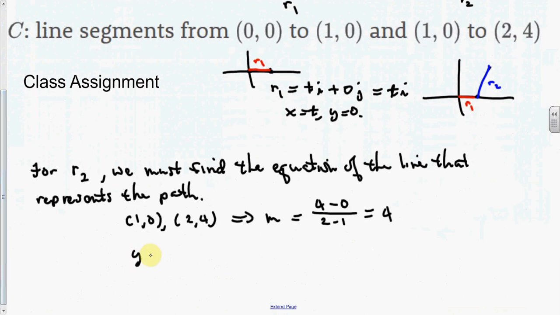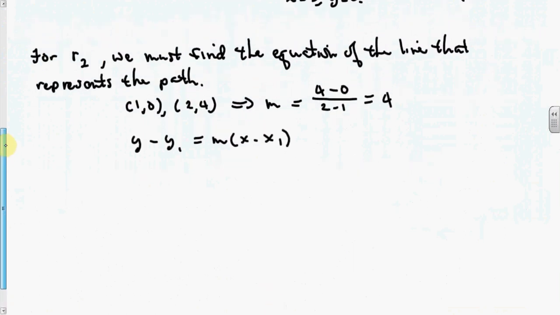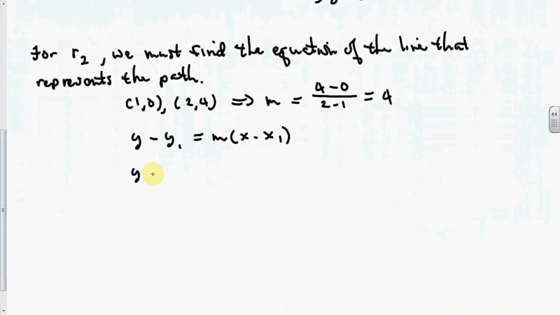I could take the slope with a point and use the point slope form to find the equation of the line. So here I have y. I'm going to take the point 1 comma 0, either one, it doesn't matter. So I get y minus 0 is equal to 4 times x minus 1. This implies that y is equal to 4x minus 4.